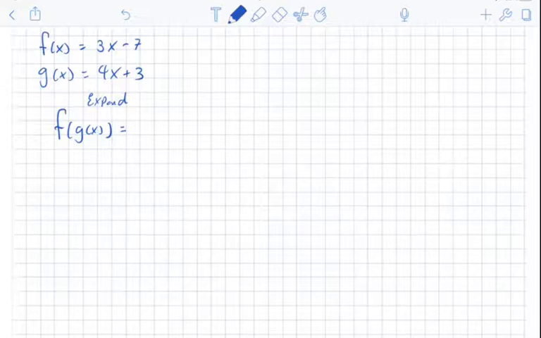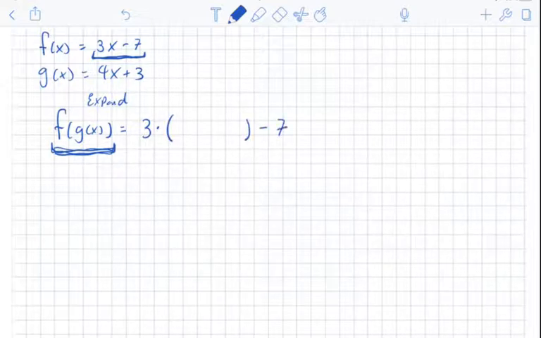How do you do it? How do you even start? Well, the trick here is actually, it's not so weird. You're going to start by copying out the f function, the outer function. You're going to rewrite it with the x's replaced by holes inside parentheses.